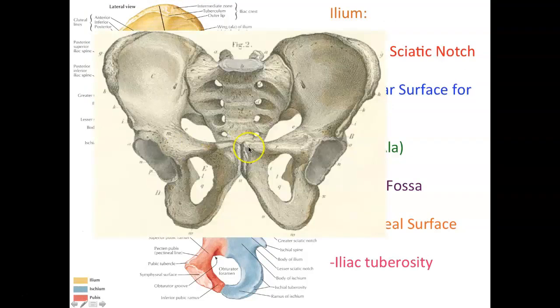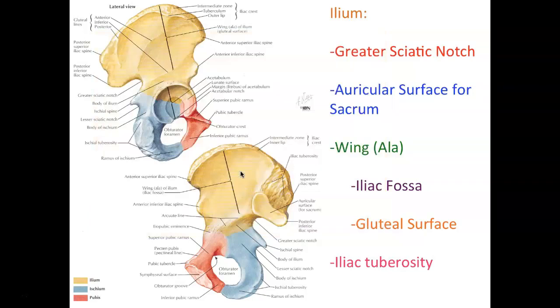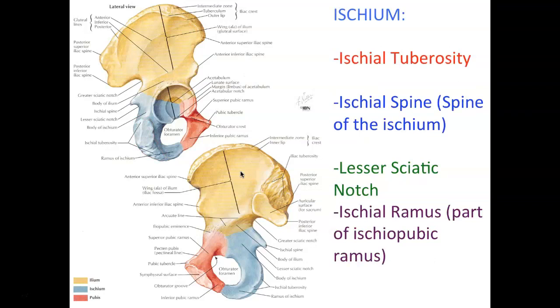So right in here would be where your symphyseal surface is, and it comes together with the symphyseal surface of the other os coxa and creates the interpubic joint. And remember, this joint will only move during childbirth. So sorry guys, your interpubic joint hopefully will not move unless it's due to injury.